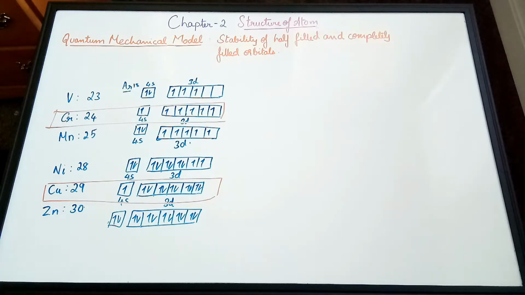This is because of 2 reasons. First of all, there is symmetry. When you have a half-filled orbital, it's symmetric in nature, and because it is symmetric, it automatically shows more stability. Completely filled and half-filled subshells have symmetrical distribution of electrons, and so they are stable.